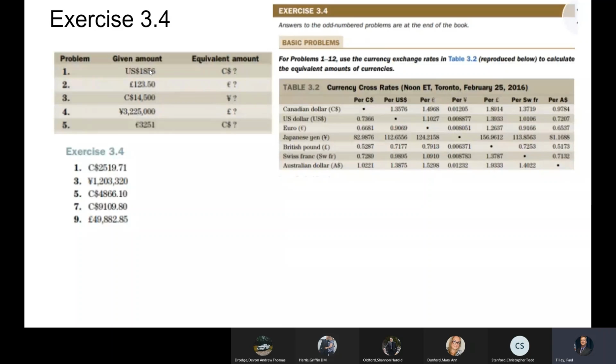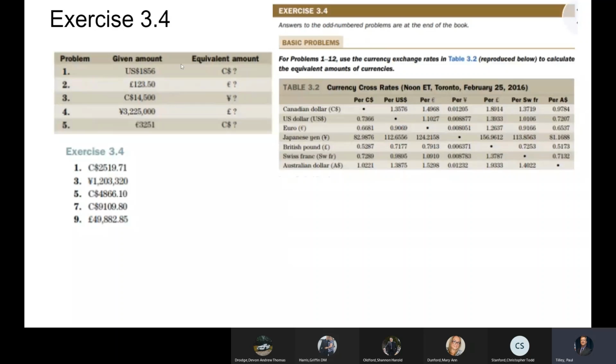So if we were to take 1856, okay, 1856. So the American dollar is 1.35 that of Canadian. So it would make sense that the Canadian dollar, okay, the Canadian dollar, in this particular instance, the per US dollar rate was 1.356.